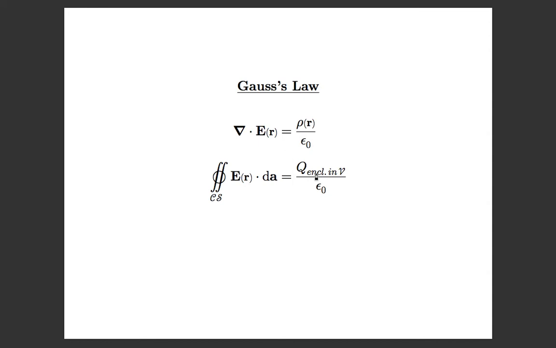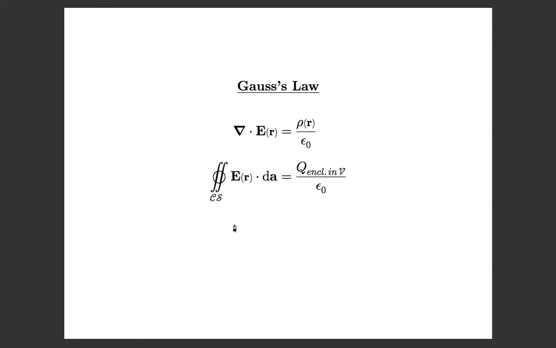So I can measure the electric field in various locations and start building a map of what kind of charge I have in various regions of space, which can be very, very powerful. So that's one way that Gauss's law can be used. Another way we can use Gauss's law, though, is that in certain circumstances, we can actually use Gauss's law to determine the electric field.